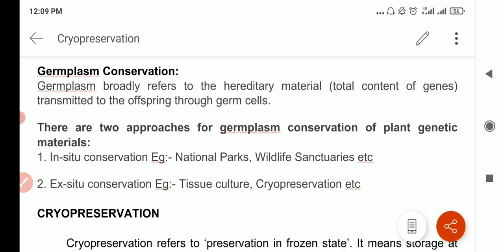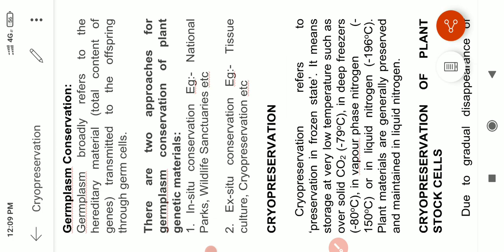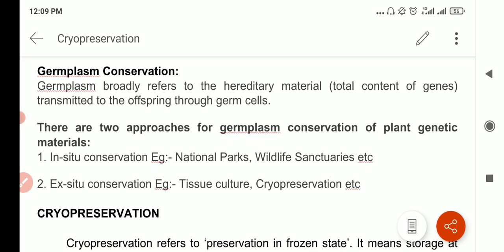Ex situ, you take out a plant and you culture it and preserve it somewhere else via cell culture or tissue culture or cryopreservation or vitrification or any other means. Even seed conservation, when you put it in a seed bank, that is also ex situ.